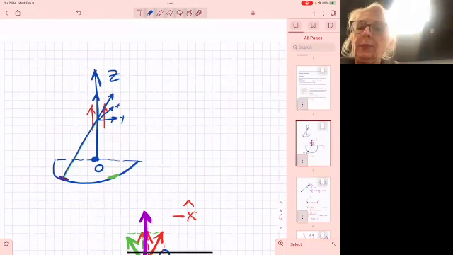So the X is in the other direction. And then this one is going to have a Y, an X like this, and a Z. So the Y's are canceled out, because they are symmetric along that direction.